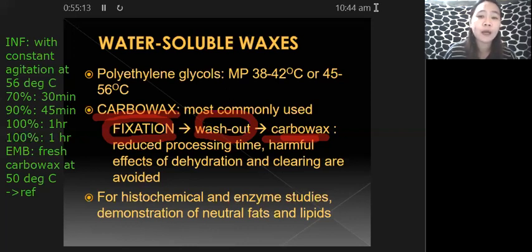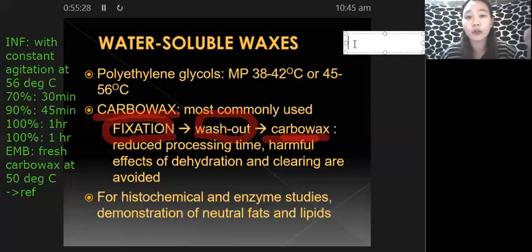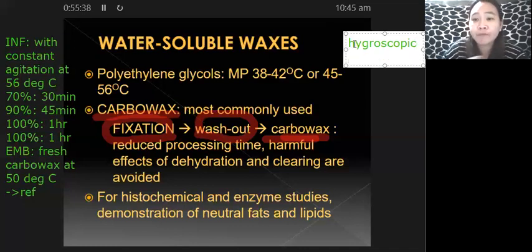It being water soluble also has some disadvantages. Since your Carbowax is considered to be water soluble, it is highly hygroscopic, meaning it has an affinity to your water, and it is dissolved by water.